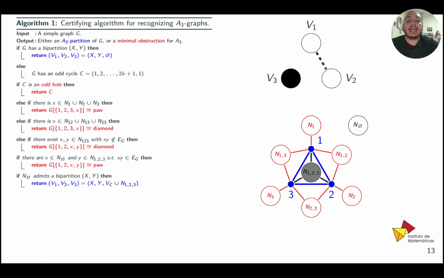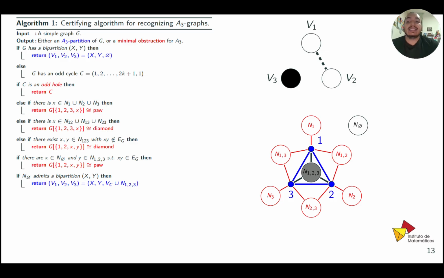Otherwise, at this point, we know that all the sets n1, n12, n2, n23, n3, and n13 are all of them empty. We know that n123 is a clique, so it is a clique also together with these 3 vertices because it is complete to all of them. And we know that n empty is anti-complete to the set n123 and also to the vertices 1, 2, and 3 by definition.